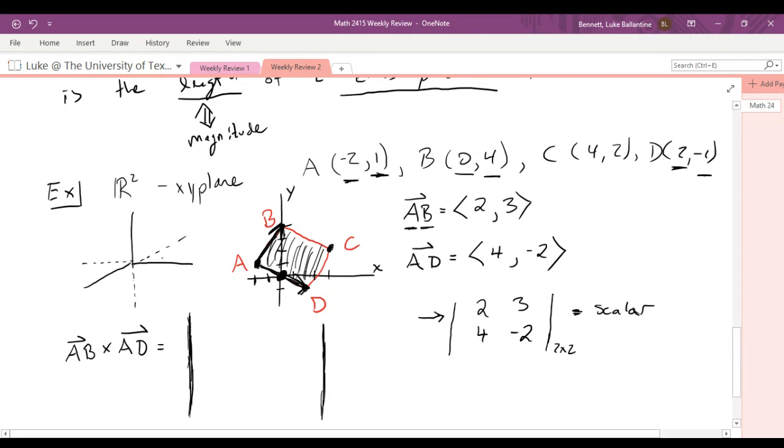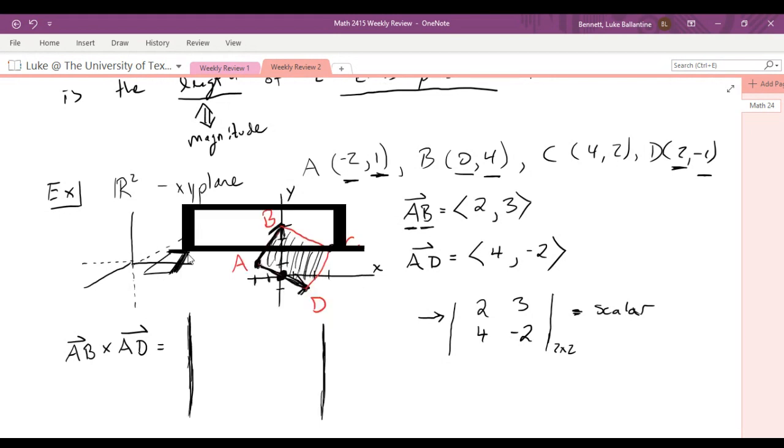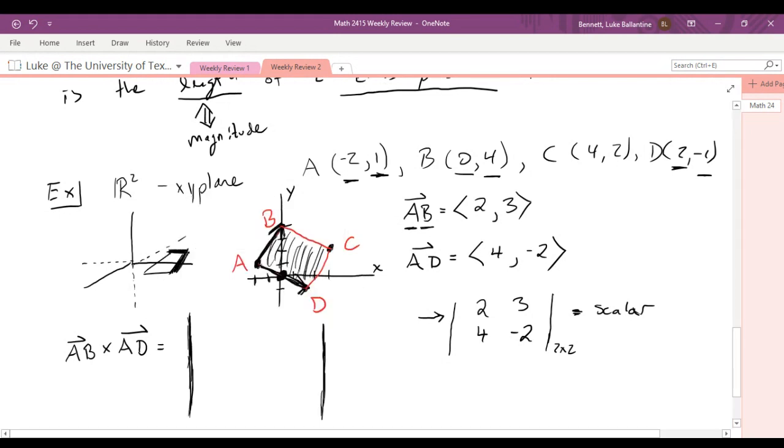So we have our parallelogram. Then we have this and this. It's not exactly the picture. And so the cross product is a vector pointing out like this.